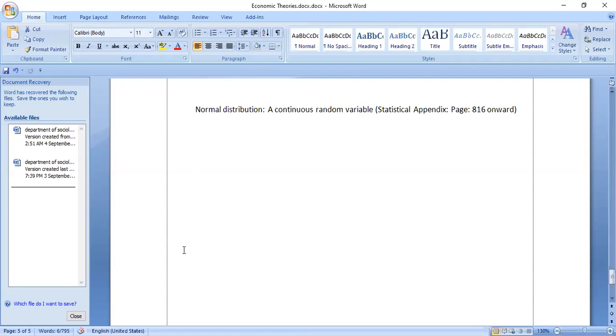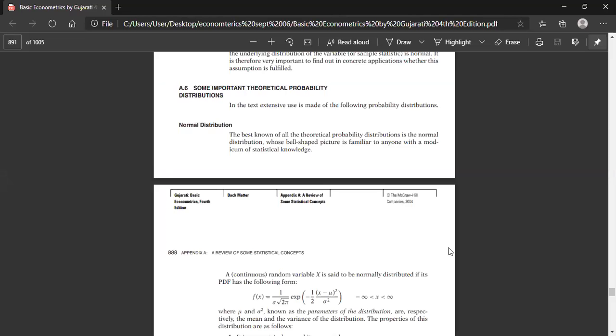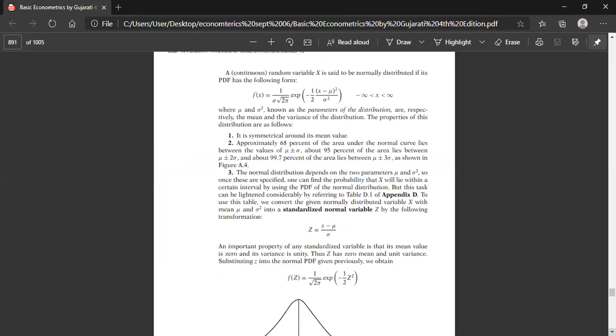Let me share the book. So here, the normal distribution. Can you see the book? The most important thing on earth is the normal distribution.